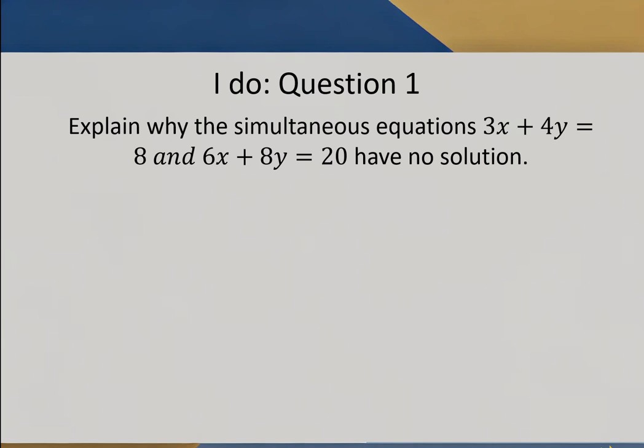So explain why the simultaneous equations 3x plus 4y equals 8 and 6x plus 8y equals 20 have no solutions. So remember what we said before. When we have two lines that have no solutions, it means that they are parallel, so the gradient is the same.